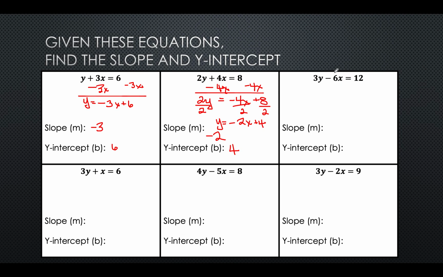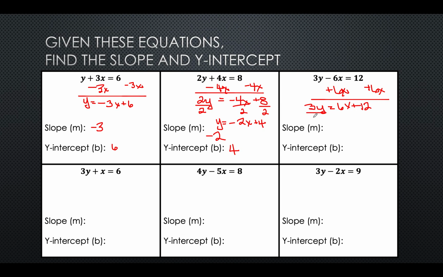So we do the opposite operation. What's the opposite of -6? Well, the opposite of -6 is +6x. So we have 3y equals 6x plus 12. And then again, the second part is to divide all by the coefficient of y. And the coefficient of y is 3.